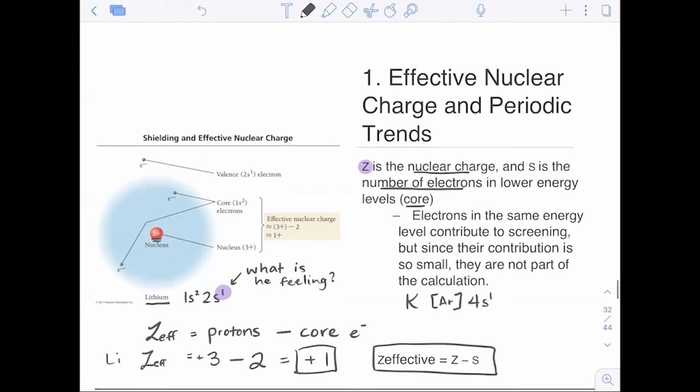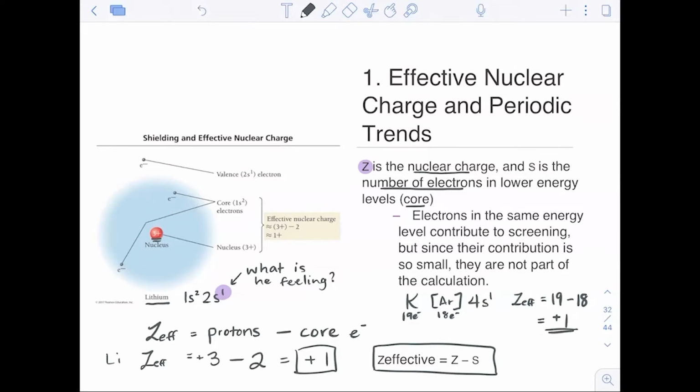Now, argon is 18 electrons, plus that extra 1, potassium has 19 electrons total. So the Z effective here: potassium is atomic number 19, so it has 19 protons in the nucleus and 18 core electrons, giving plus 1 on the Z effective.